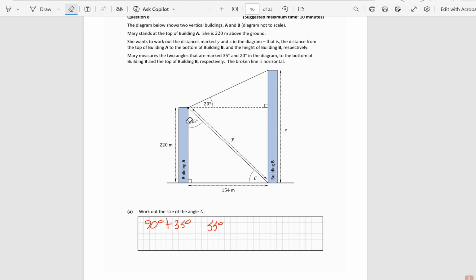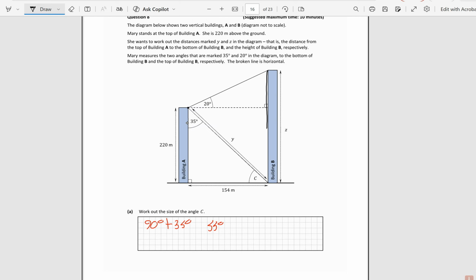Right, well, remember, these trigonometric ratios only work, from what we've learned, on right angle triangles. And this bit here, look, is not a right angle triangle. So we can't just take the Z as a whole.